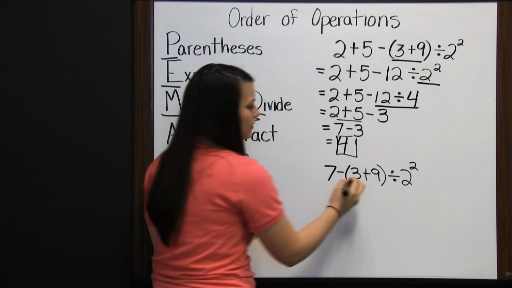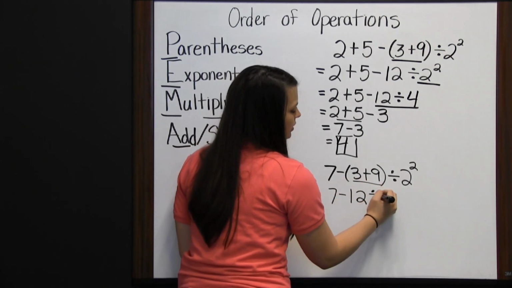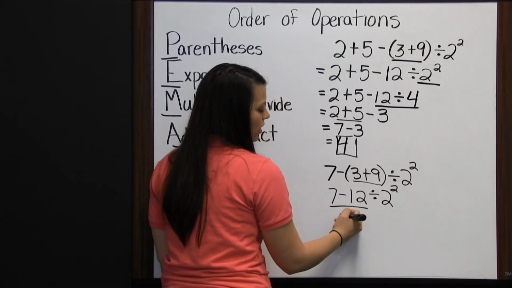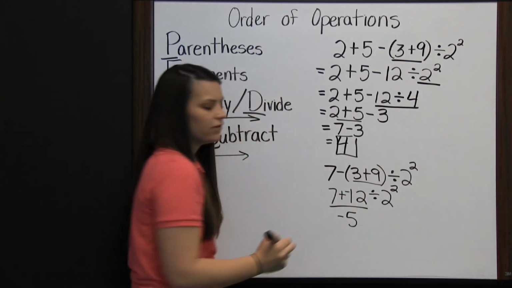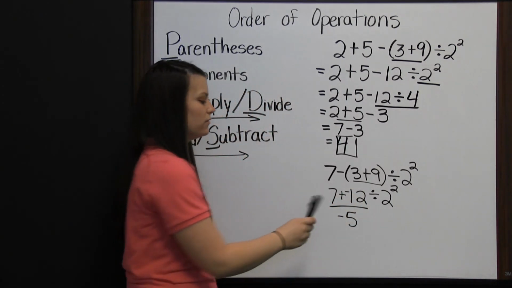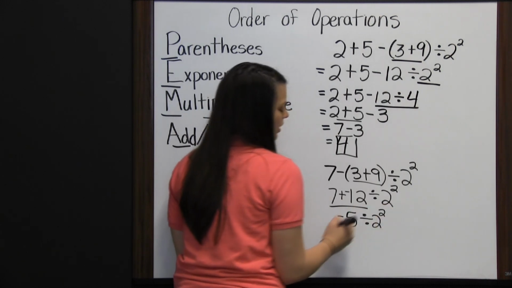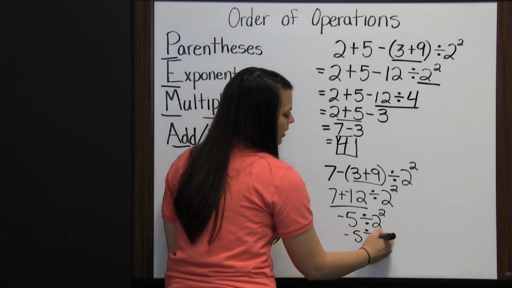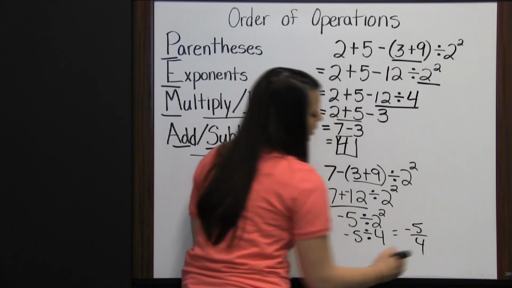Then we would do our 3 plus 9, so we'd have 7 minus 12 divided by 2 squared. 7 minus 12 would give us negative 5, since we can add the inverse. 7 plus negative 12 is negative 5, divided by 2 squared. Negative 5 divided by 4 is negative 5/4.